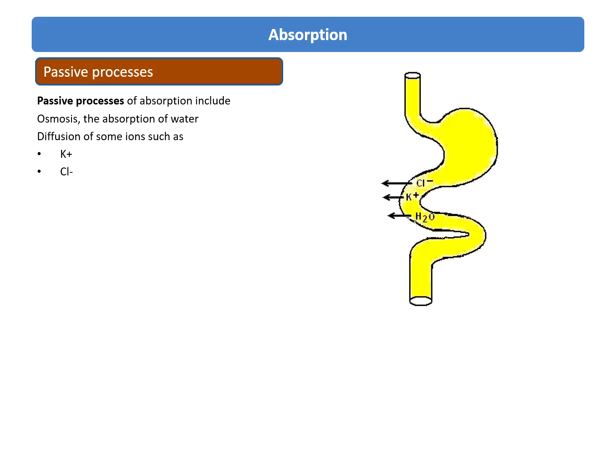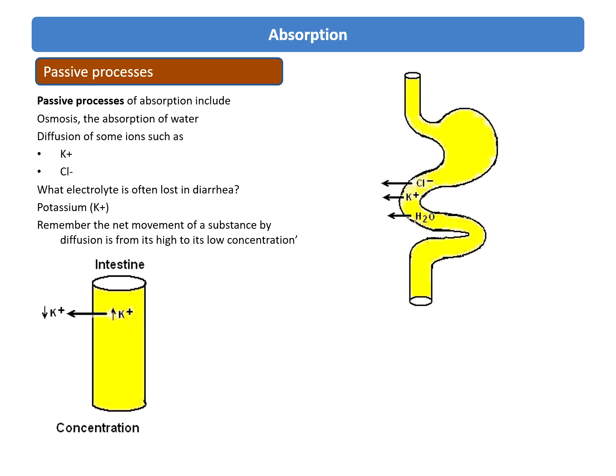Passive processes of absorption include osmosis, the absorption of water, and diffusion of some ions, such as potassium and chloride ions. Electrolyte is often lost in diarrhea. Potassium. Remember, the net movement of a substance by diffusion is from its high to its low concentration.